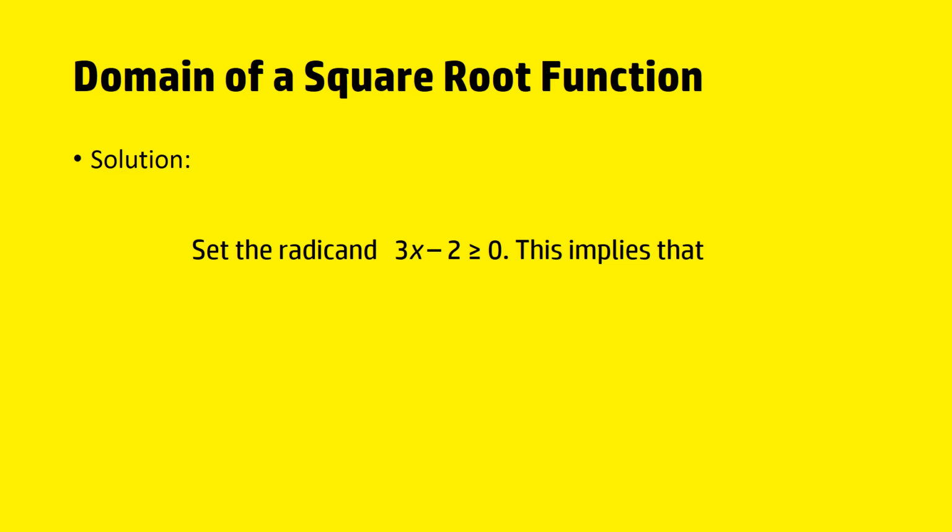We set the radicand greater than or equal to 0. That's always the way we do the domain of a square root function problem. And so that implies, if we add 2 to both sides, 3x is greater than or equal to 2.